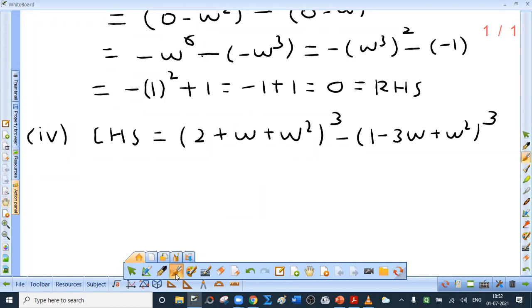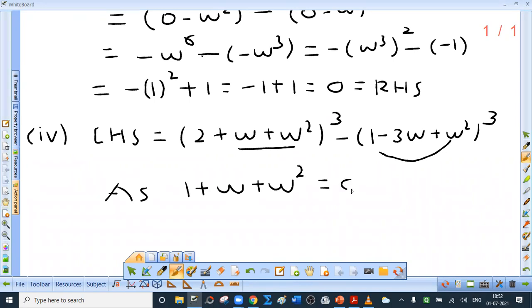Okay, now the next one. I will underline this and here I'll consider this as, write down, 1 plus omega plus omega square equal to 0. What is omega plus omega square? It is minus 1. And what is 1 plus omega square? It is nothing but minus omega.